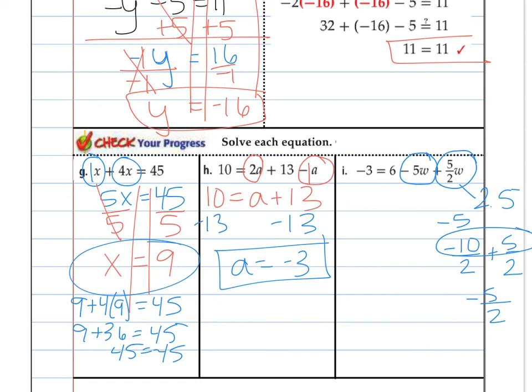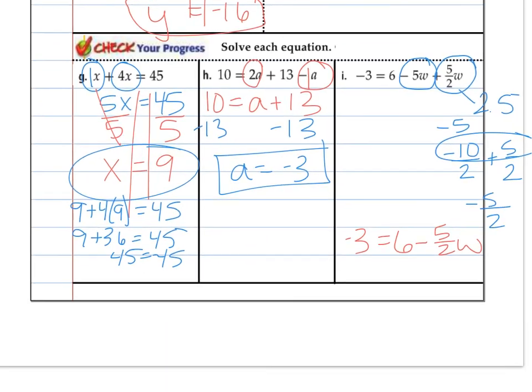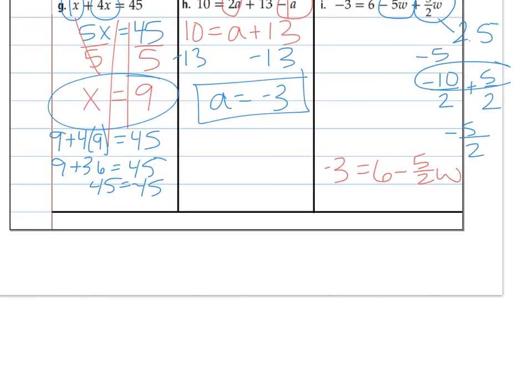So we really have negative 3 equals 6 minus 5 over 2w. Subtract 6, because 6 minus 6 is 0. Add the opposite. So negative 9 is negative 5 halves w.